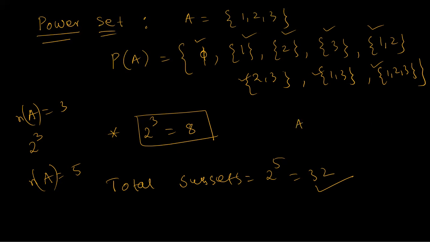See, just look at the set A, that is 1, 2, and 3. Each of these, {1}, {2}, {3}, {1,2}, {2,3}, {1,3}, is a proper subset of the set A, but this one is not a proper subset of the set A. So how many proper subsets are there?